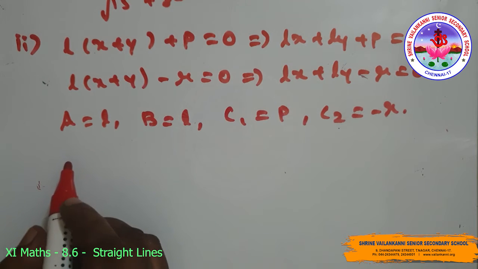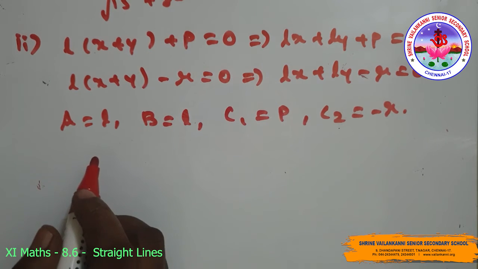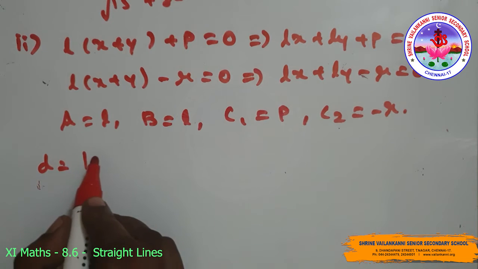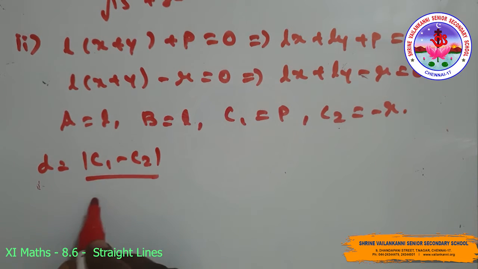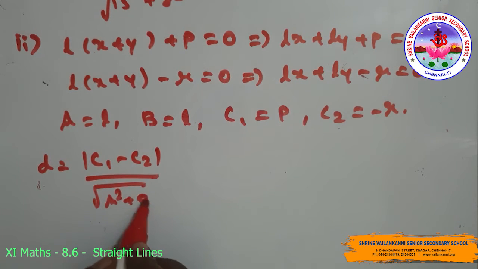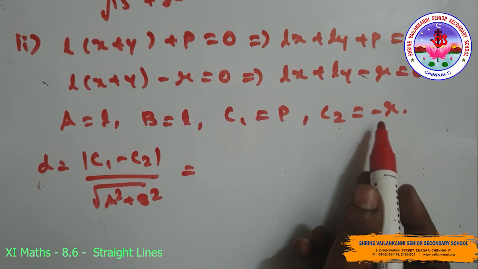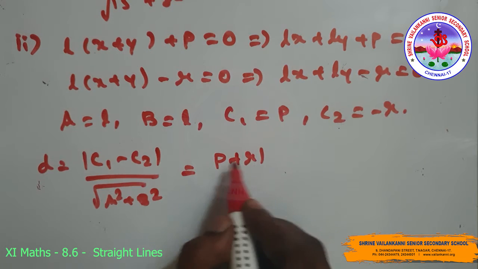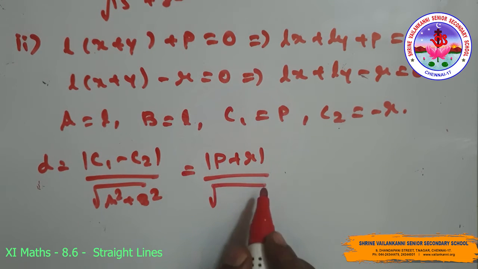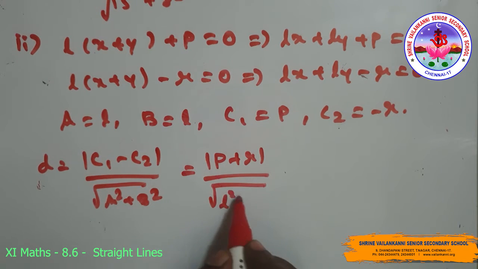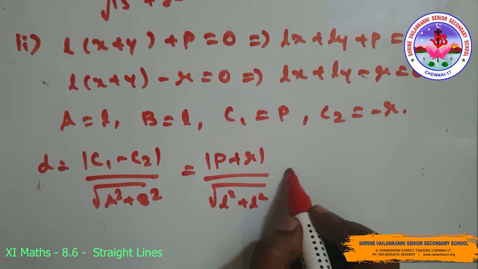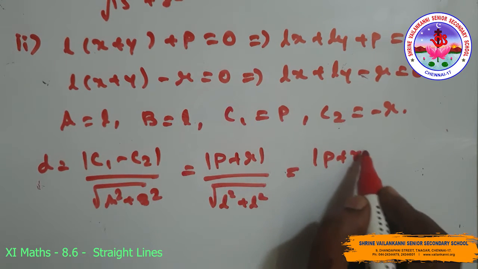So using the formula d equals c1 minus c2 by root of a square plus b square, which is equal to p minus of -r, so p + r, by root of l square plus l square, which is p + r.